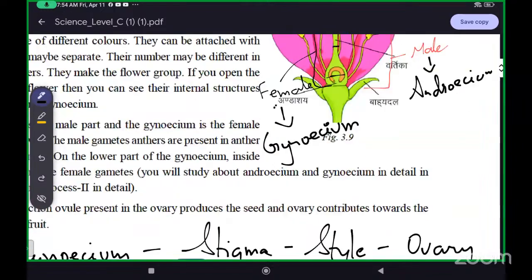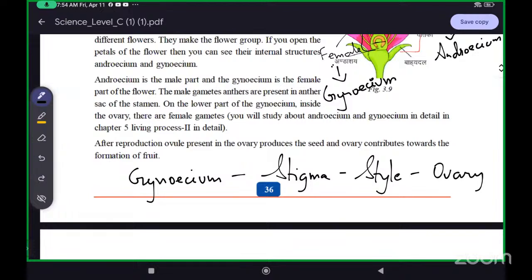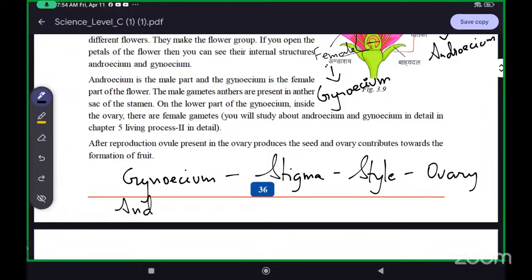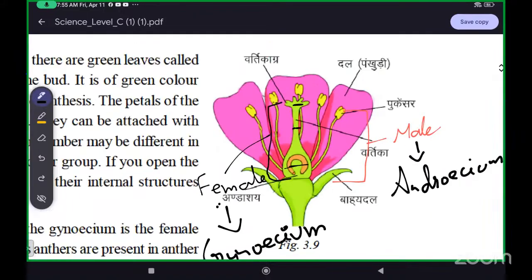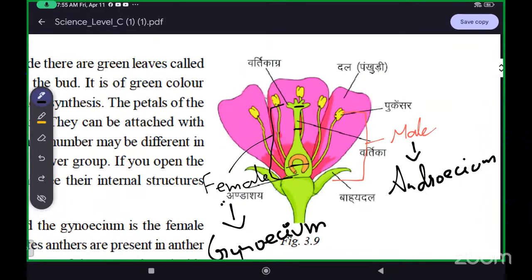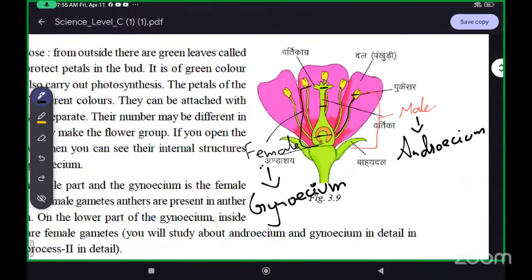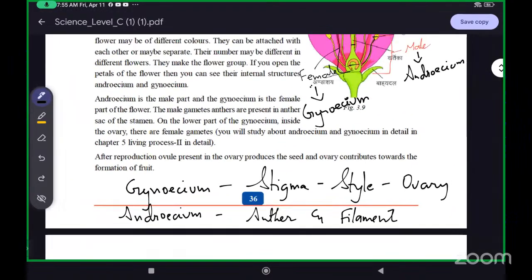Then in the androecium, the male part, we have two parts: anther and filament. This is anther, and this tube attached to it is known as filament.